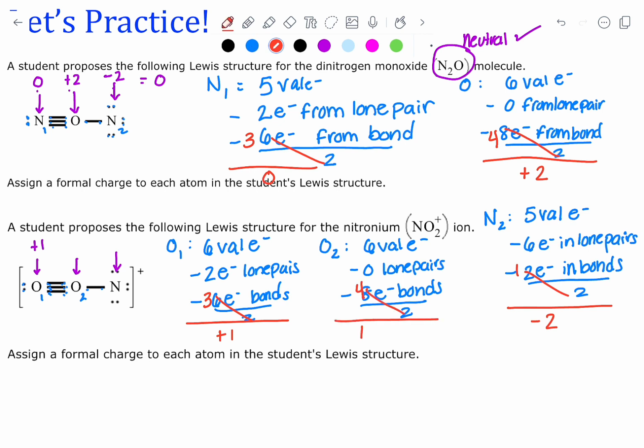So this has an overall charge of +2. You'll notice between our two structures here, this oxygen had 4 bonds with no lone pairs, and so did that oxygen. So even though what it was attached to is different in this structure, it still has the same formal charge. So we can make that same assumption for our nitrogen here on the end.